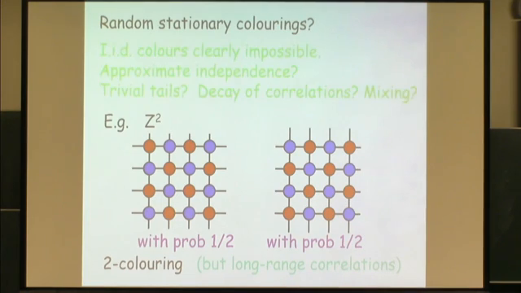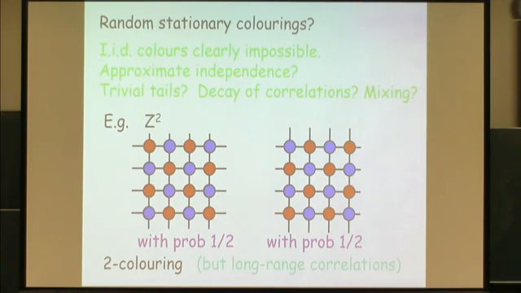So it's more than correlation. It's something much stronger. The sort of question I want to ask is, can you do better than that? Clearly you can't make the colors IID.